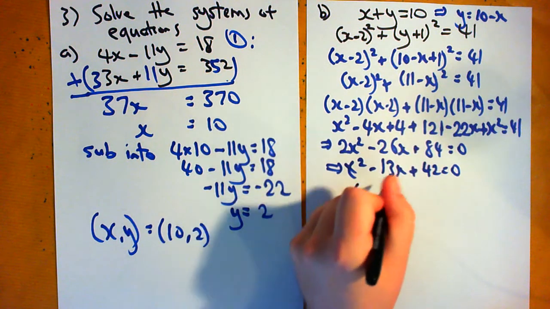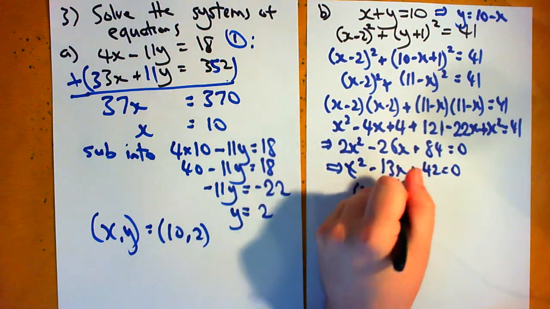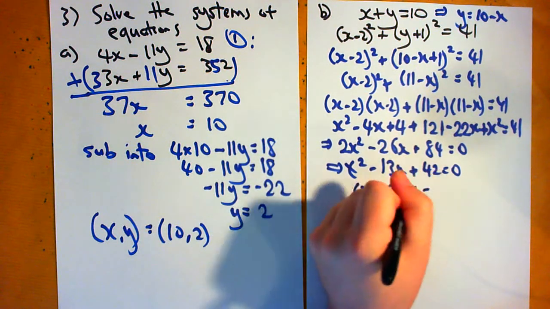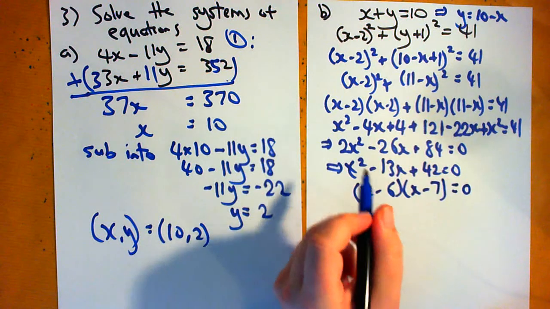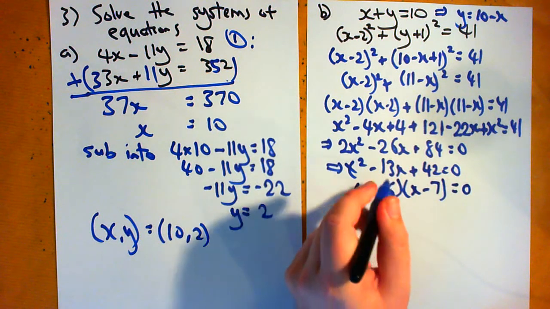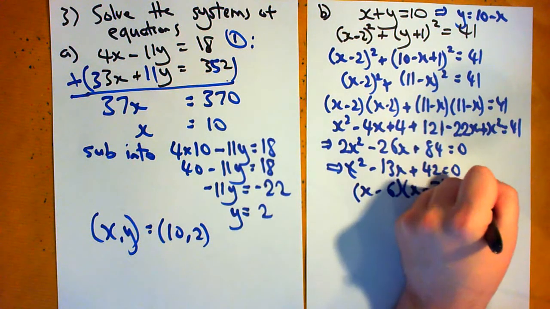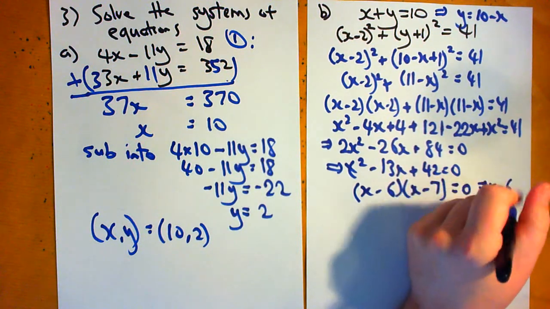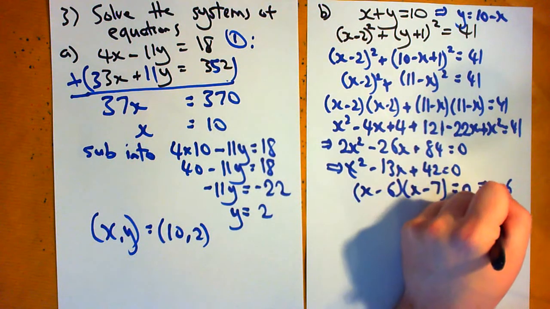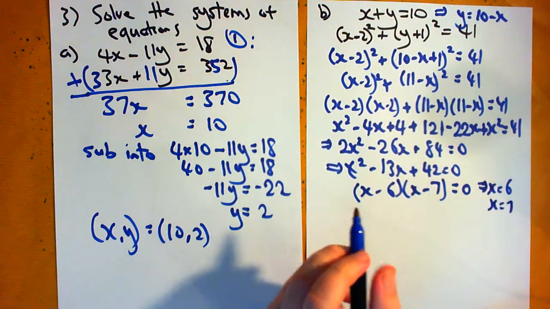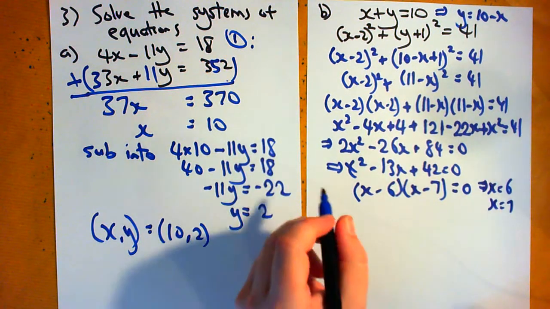So two numbers that add to minus 13 and multiply to 42 are 6 and 7, so this is going to be x minus 6, x minus 7 equals 0, which has solutions of x minus 6 equals 0, so therefore x equals 6, or x minus 7 equals 0, so that would be x equals 7. Okay, so we have our values of x.